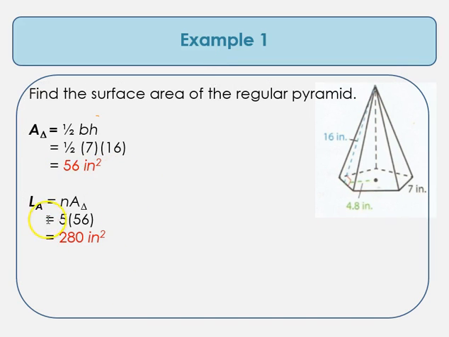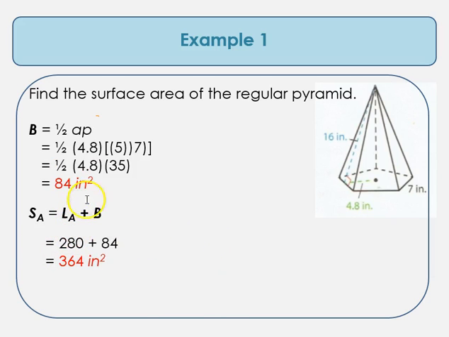Now we'll solve for the lateral area, which is the total number of those triangles times the area of the triangle. So we have 5 triangular faces times the answer we found for the area of the triangle, which is 56, and that gives us a lateral surface area of 280 inches squared.